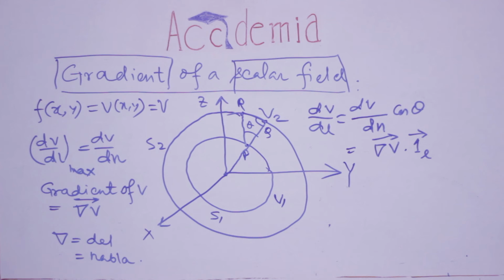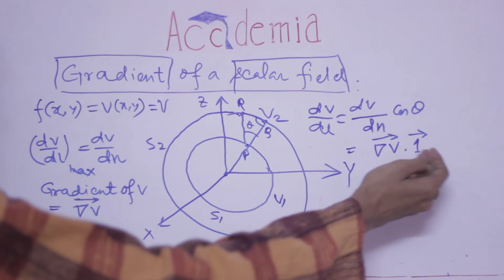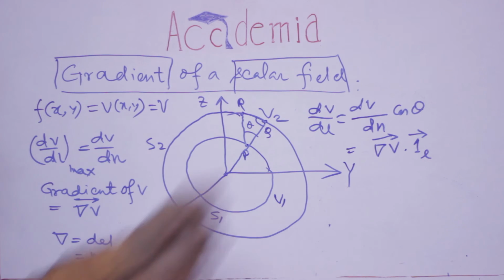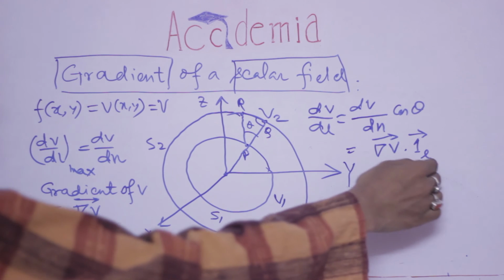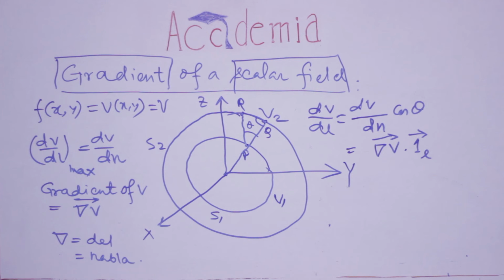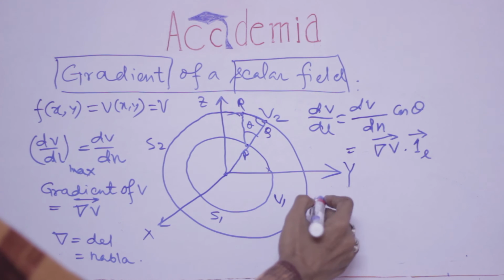So if we find the dot product between grad V and 1L, we will get dV dn and the cosine of the angle between them. Now the direction of 1L is along PR and the direction of grad V is along PQ, and we know the angle between them is, say, theta. So dV dn cos theta equals grad V into 1L vector.